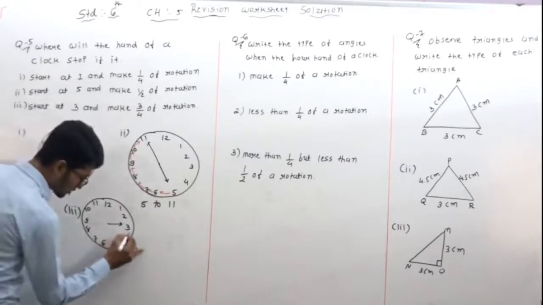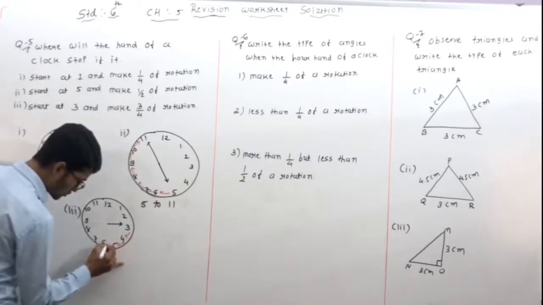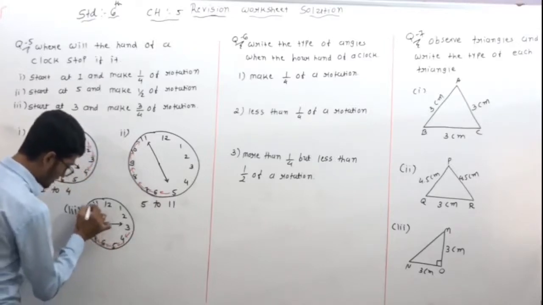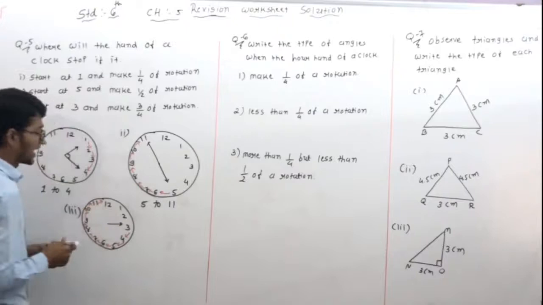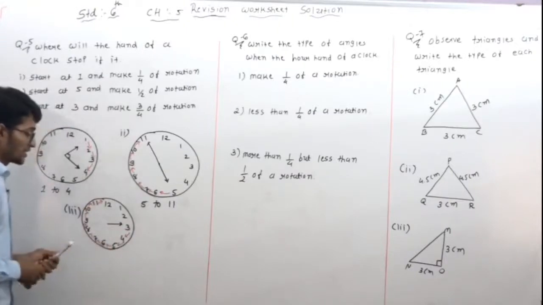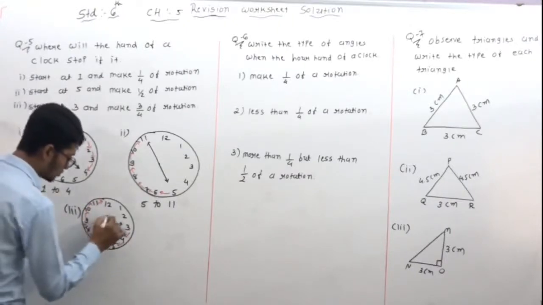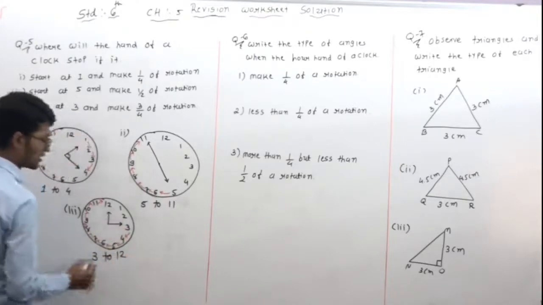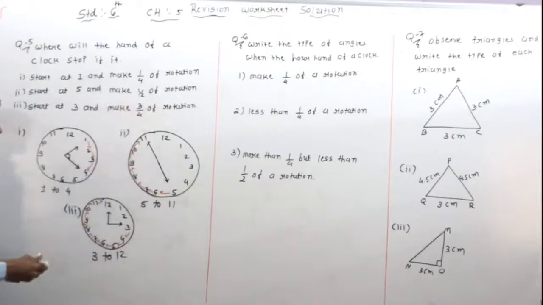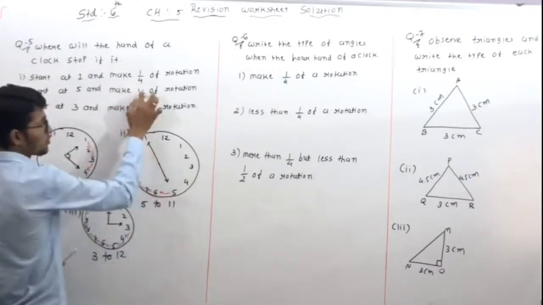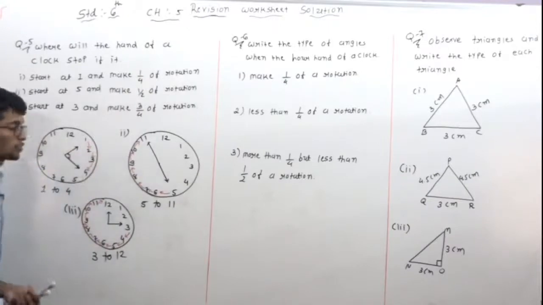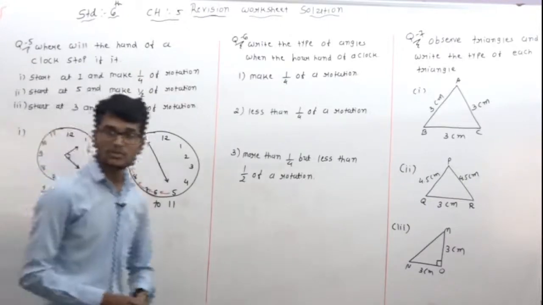So 1, 2, 3, 4, 5, 6, 7, 8 and 9. It means we start at 3 and the end is at 12. So 3 to 12 is 3/4 of the rotation. 5 to 11 is 1/2 of the rotation, and 1 to 4 is 1/4 of the rotation. So understand question number 5.